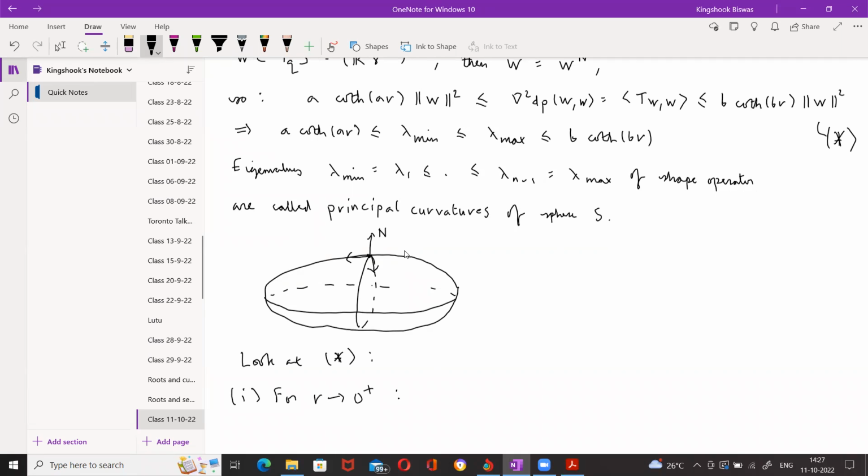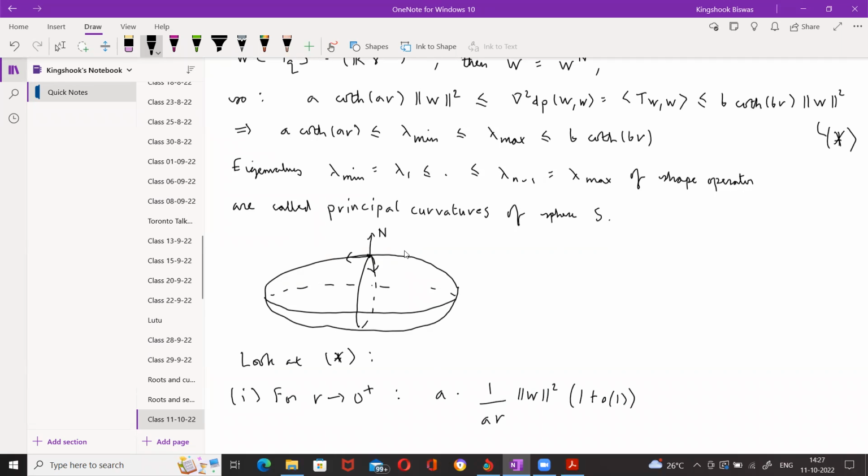So this becomes A times 1 over AR, into norm W squared, into a term which is 1 plus little o of 1.